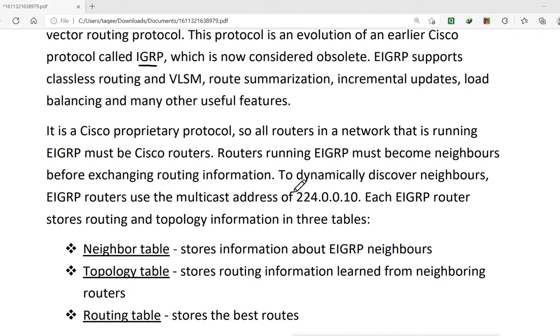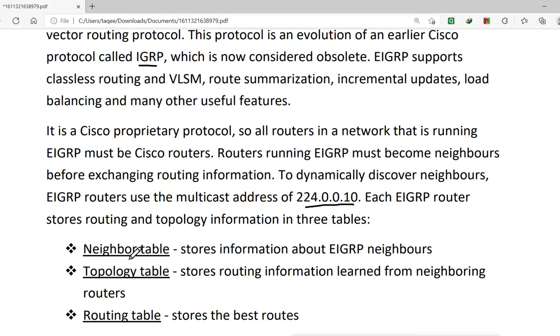To dynamically discover the neighbors, EIGRP routers use a multicast address of 224.0.0.10. It uses 224.0.0.10, and each EIGRP router stores the routing and topology information in three tables.